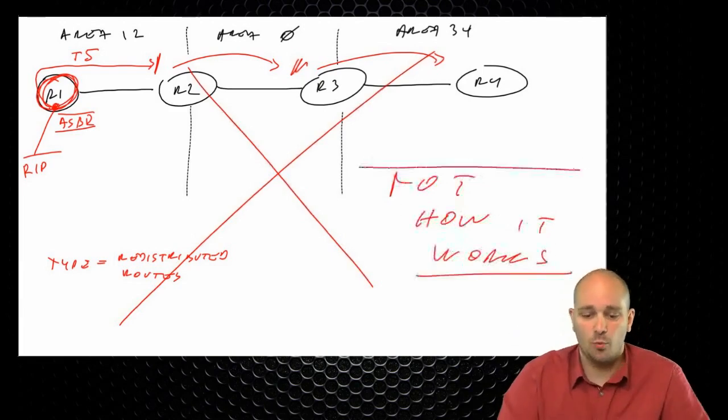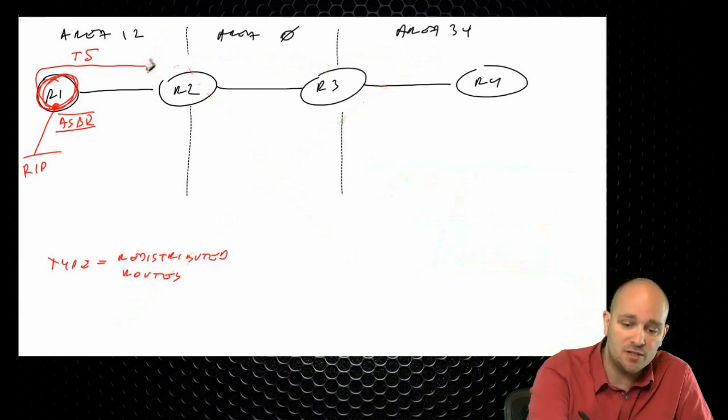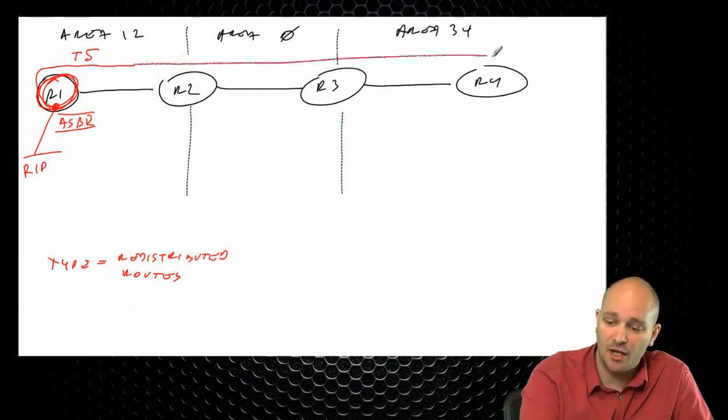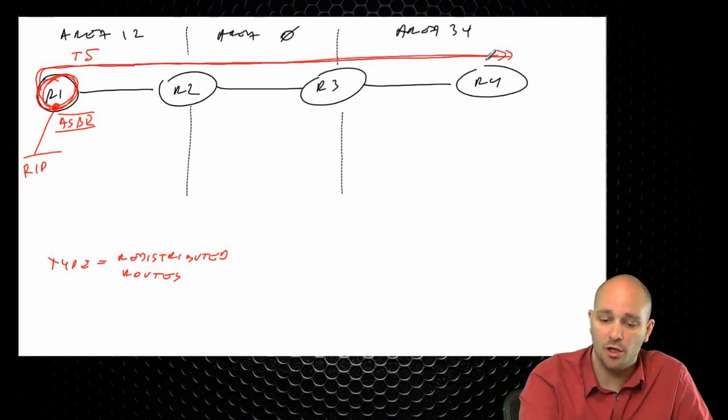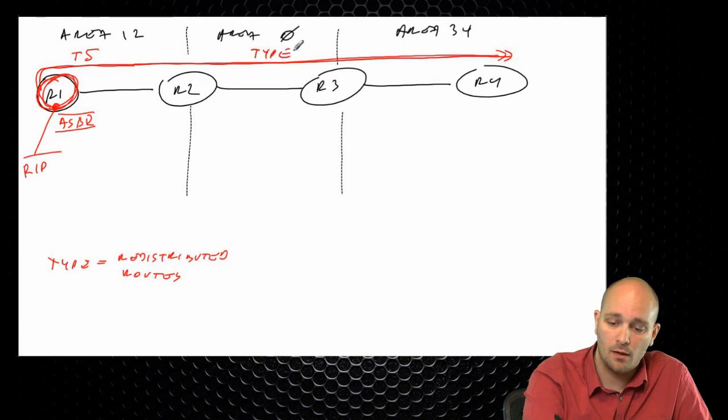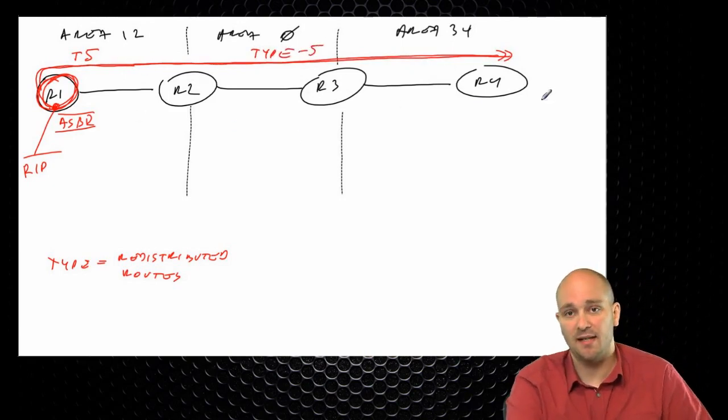The way type 5s work is actually that the flooding scope of type 5 LSA is the entire domain. So this type 5 generated by R1 is going to be flooded in the entire domain.